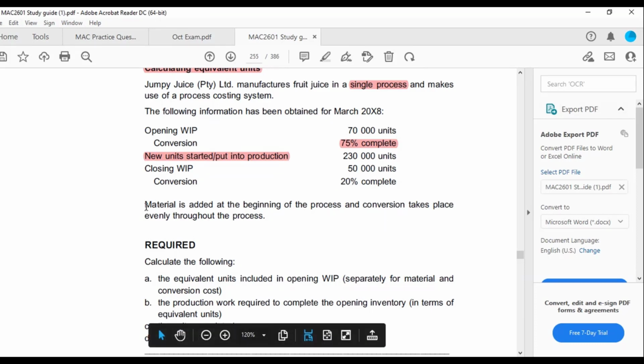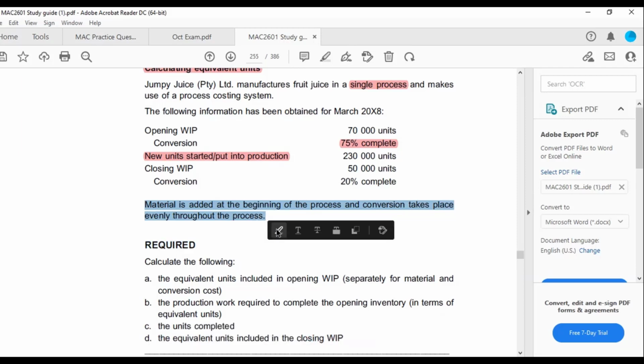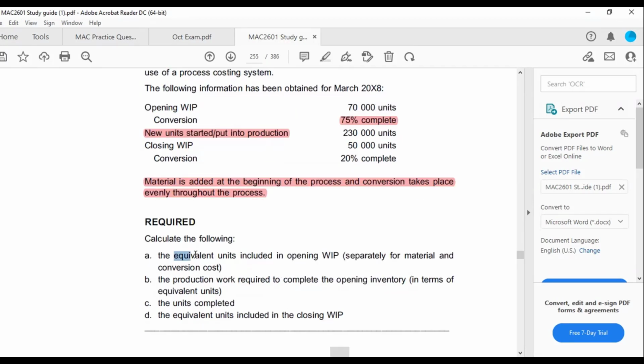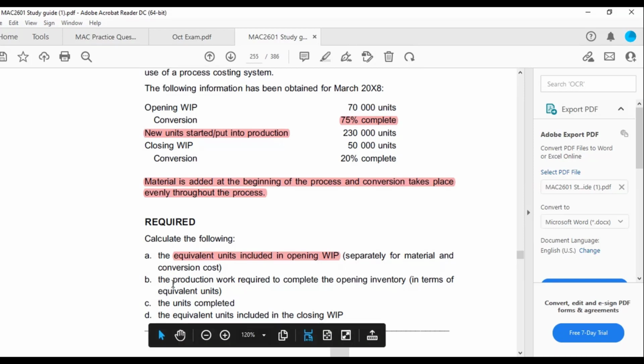Material is added at the beginning of the process, and conversion is even throughout the process. So they're asking you to calculate the equivalent units included in the opening WIP separately for material and conversion costs.